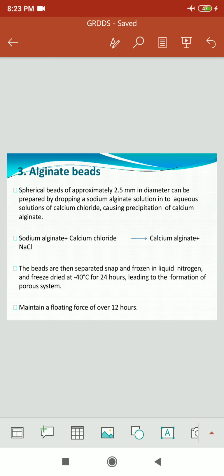The sodium alginate plus volatile liquid is taken into a syringe, and via that syringe it is added drop-wise into the calcium chloride solution in the beaker, and due to that the beads are generated. Small beads of 2.5 mm diameter are generated and stored at -40 degrees for 24 hours.